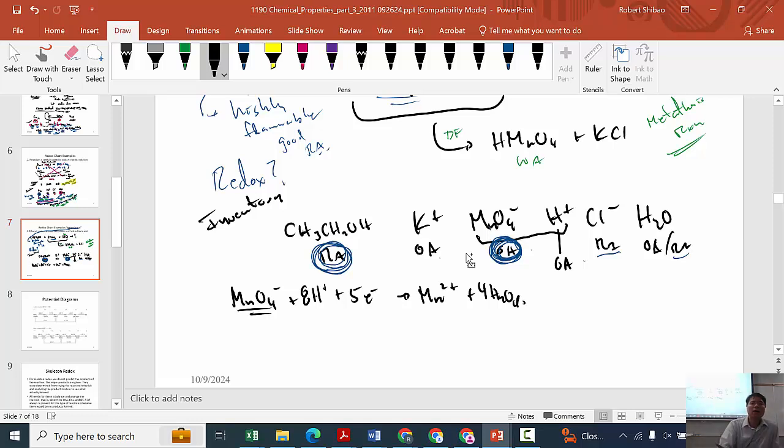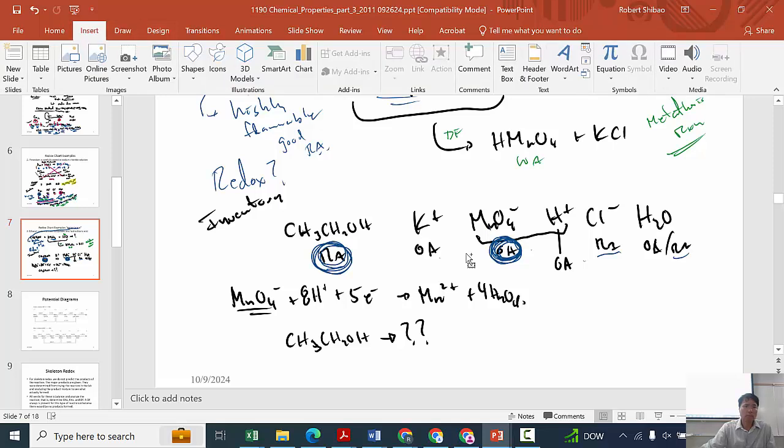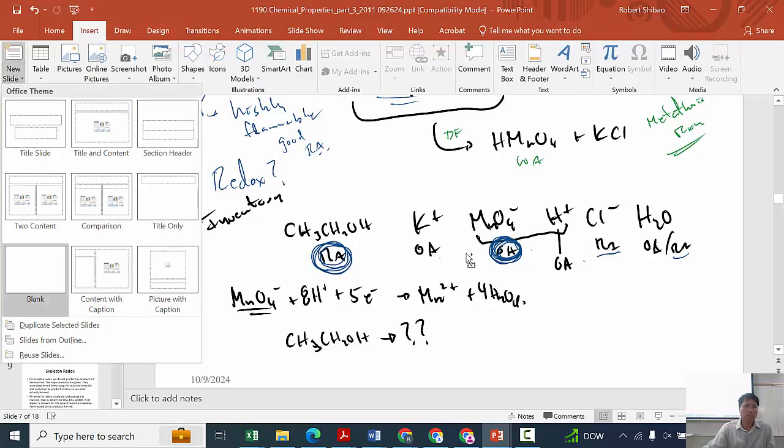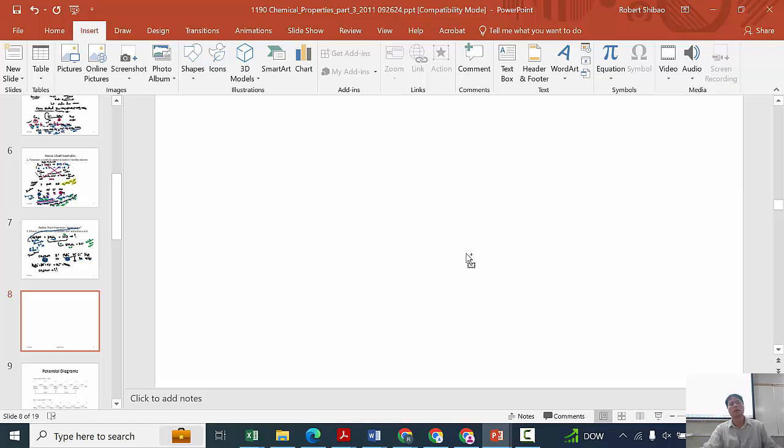So I have that. But what about ethanol? I don't have that on the chart. And so for ethanol, we're going to use the skeleton method.